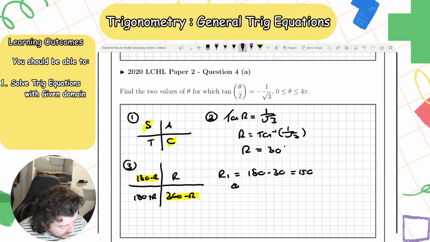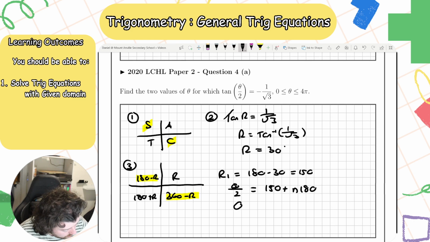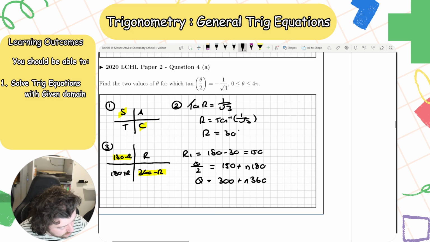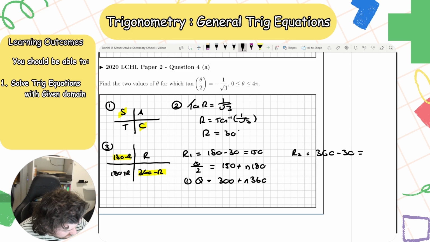So theta over 2 is equal to 150 plus, and I'm dealing with tan now, remember, so it's going to be n180. Multiply everything by 2, I get theta is equal to 300 plus n360. That's my first general solution. My second general solution is going to be 360 minus 30, which is 330.